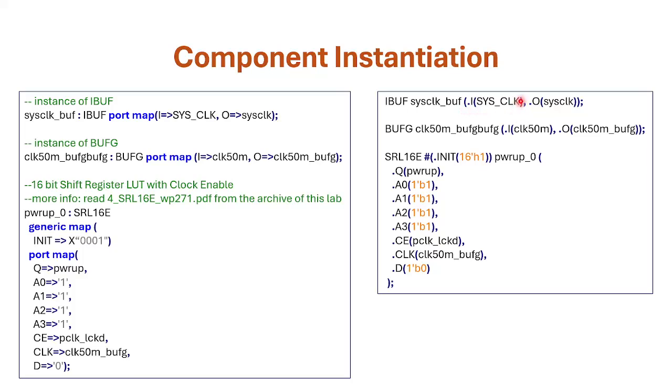In the world of Verilog, you would do that component or module instantiation as shown over here, and you could see it's quite understandable and easy to make sense out of it as well.